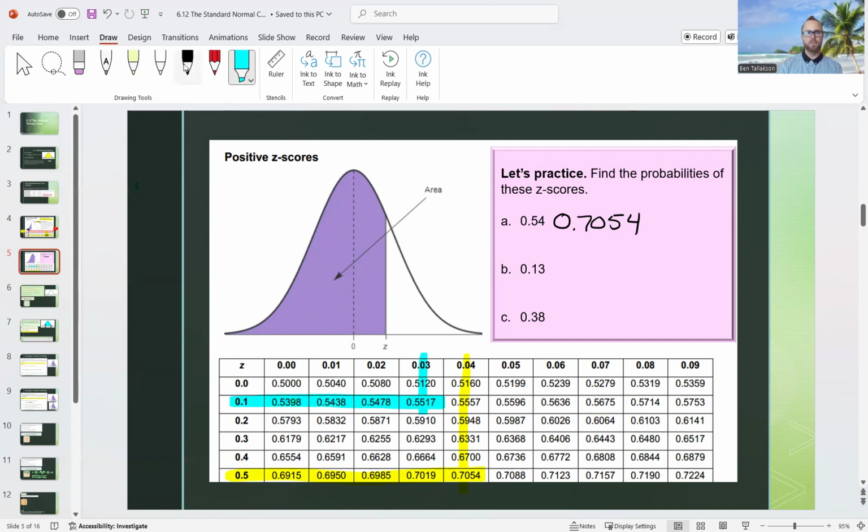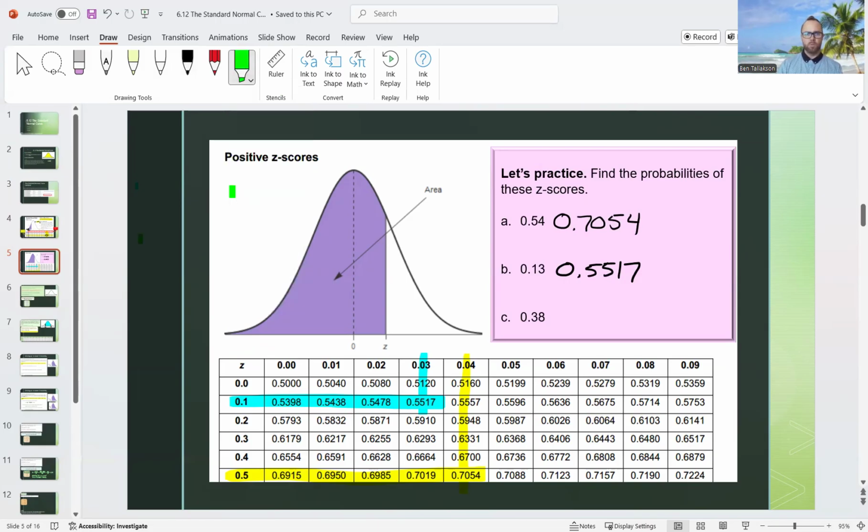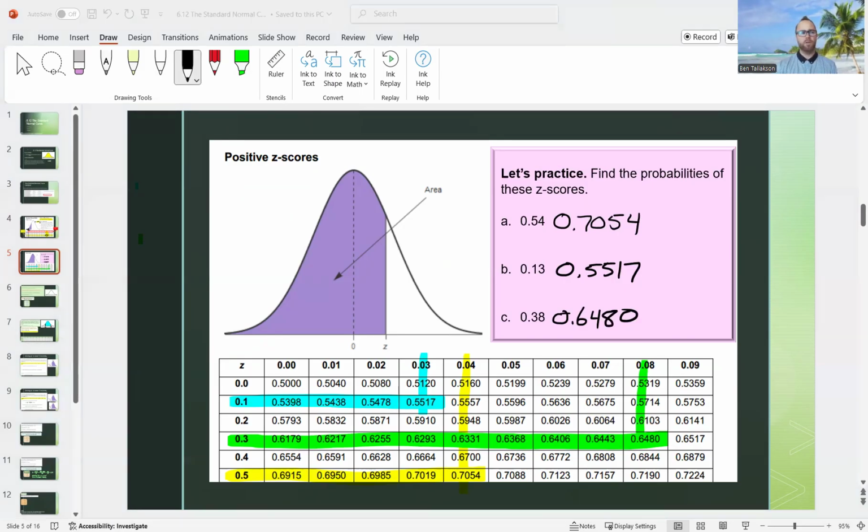There it is. And 0.3 till we get to 0.08. 0.6480. Take another look to make sure you really understand how these values were found, because you're going to need to have this skill down.